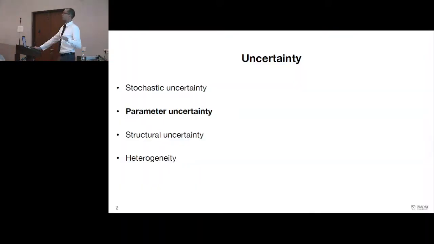But before I start talking about sensitivity analysis, I would like to talk briefly about uncertainty. In health economics models, I have 4 bullet points here, but there are 3 main sources of uncertainty. It's stochastic uncertainty. That means that even if everyone in this room has the same probability of getting the flu or whatever outcome we're interested in, some of us will ultimately get the outcome and some won't.